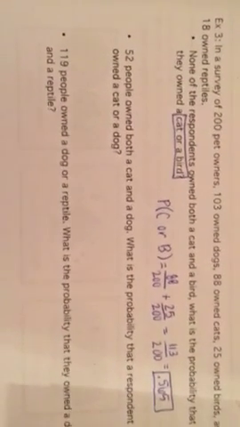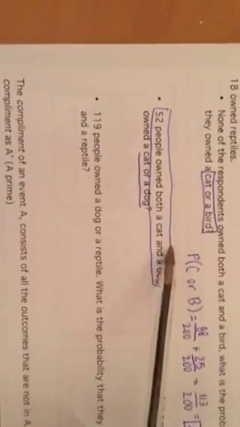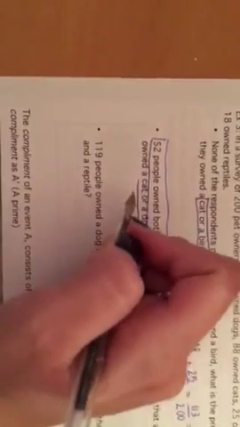Okay, the next bullet point says 52 people own both a cat and a dog. This part is important. What is the probability that a respondent owned a cat or a dog? I know how many people own both, but what is the probability of cat or dog? So again, I'm trying to find the or.